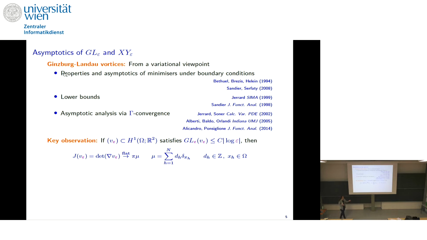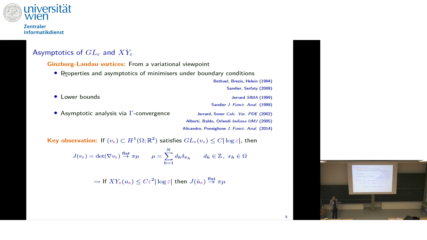The typical picture you could have in mind is that in the limit you have finitely many singularities, and your spin field will rotate around these singularities, clockwise or anti-clockwise, once or twice, and this is essentially captured in the Dirac weights.